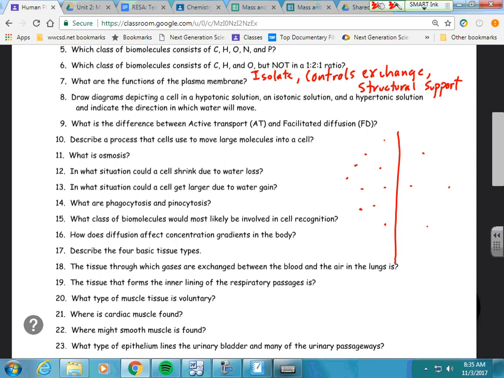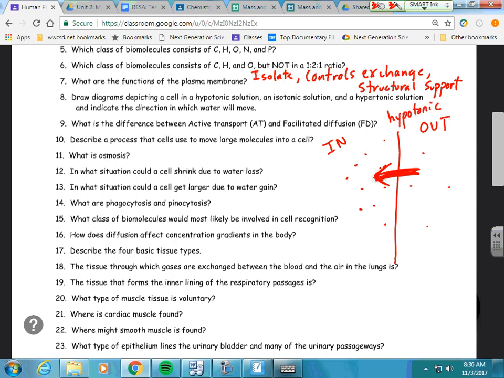All right, so the way I'm going to explain this is if this is the inside of the cell and this is the outside, okay, in this scenario here, more water is going to move in, because if you think about it, if there's less particles outside, then it means more of that volume is taken up by water, and water is going to move into the cell. This would be an example of a hypotonic solution.